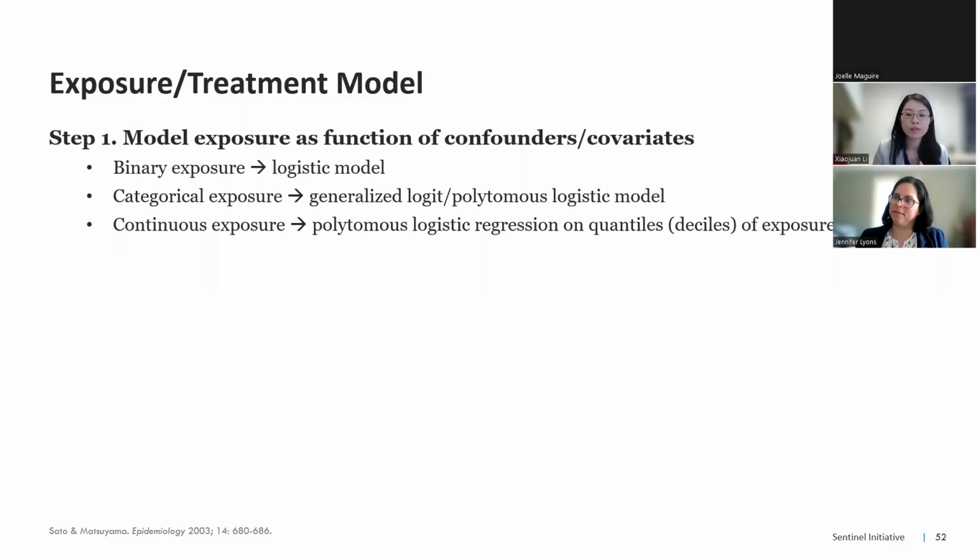Say if we have a binary exposure, which is quite common in drug safety studies or other effectiveness studies, we can use a logistic regression model to estimate this treatment. And if we have another type of exposure, such as a categorical variable or continuous variables, there are also other models that are available and can be used for estimation of this predicted probability.